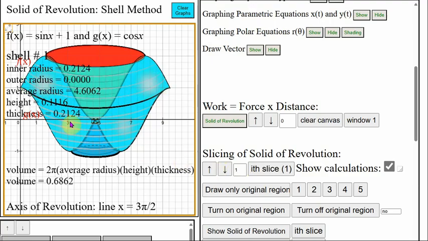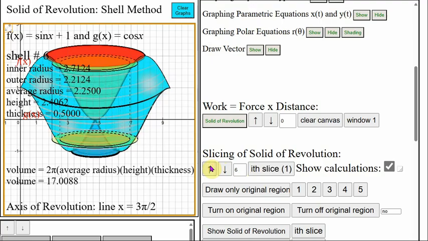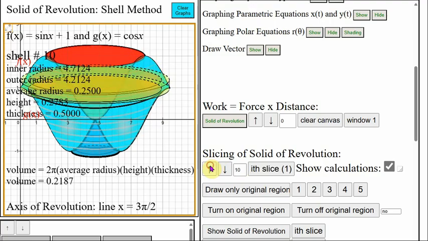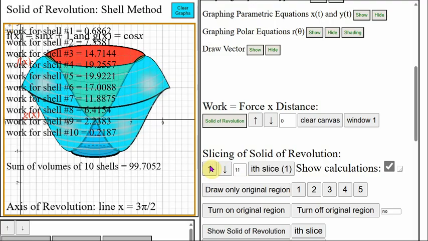And so for shell number 1, here I'm calculating the volumes of the 10 shells. And so altogether, the volume of the 10 shells is about 99.7.